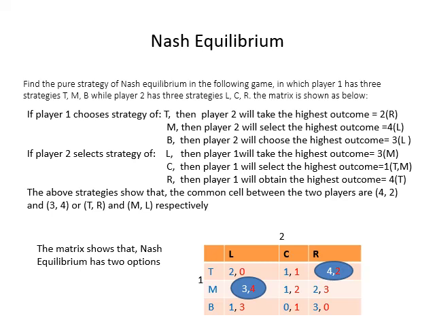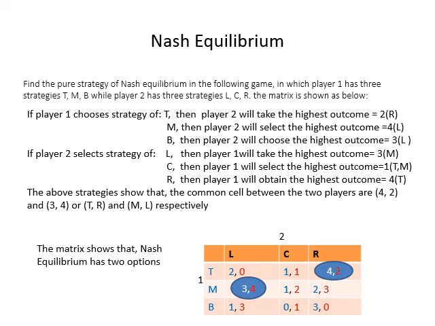Let's move to the strategy of player 2. If player 2 selects strategy L, the first column, then player 1 will also choose the highest outcome, 3, which is the M strategy.